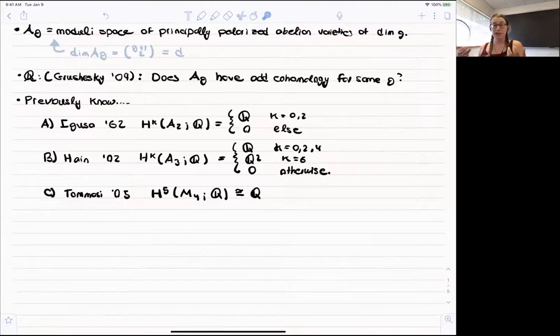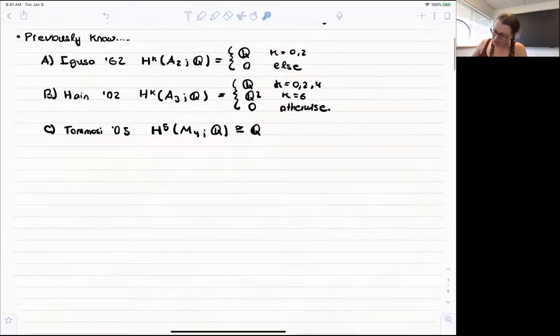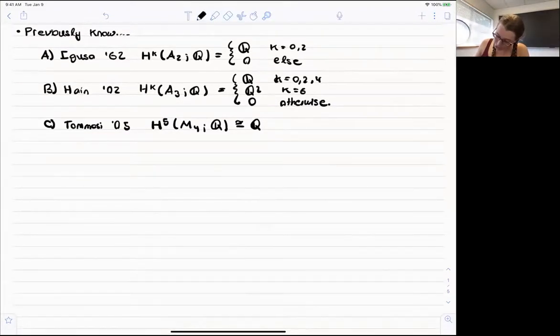So finding non-trivial odd cohomology turns out to be quite difficult. As I just said, until very, very recently, the only odd cohomology class known for either M_g or A_g was this single example in genus 4.